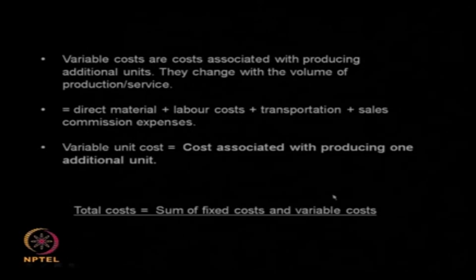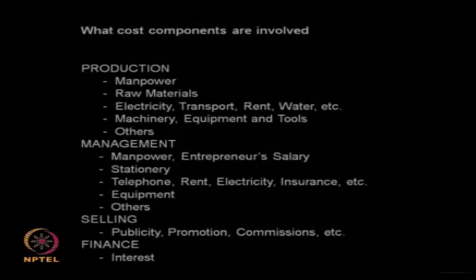The total cost is the sum of fixed cost and variable cost. Whether I make any product today or not, fixed cost is always an expense I will be incurring, and if I make a product, I will be spending on raw materials, electricity, manpower, transportation, and sales commission. That will be the variable cost. So total cost is a combination of these two items.